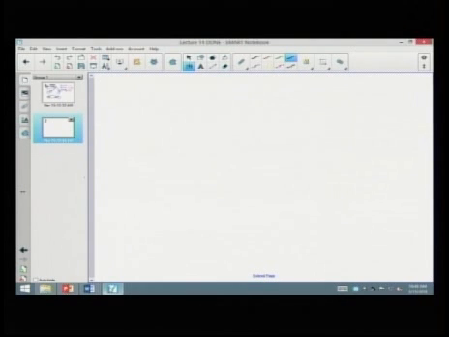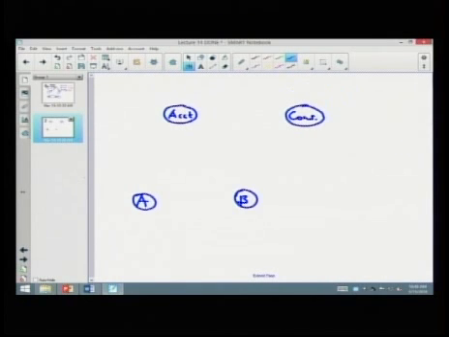The first one is accounting, then the consulting department, and down here we have A, B, and C, the different auto divisions.